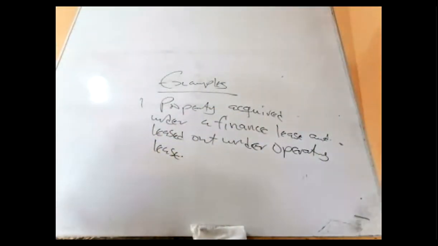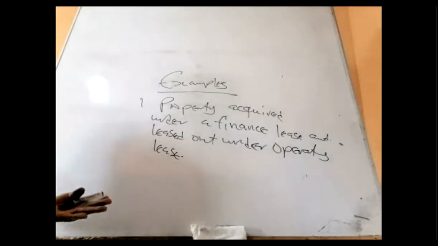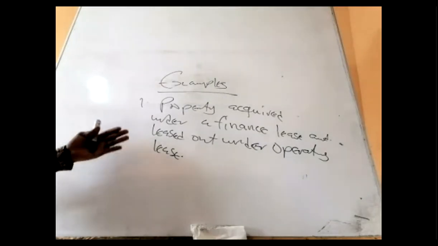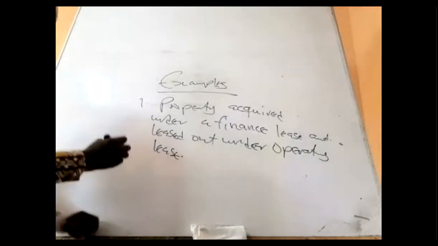Okay, so it means that you have acquired a building through a finance lease. Now, under a finance lease, the lessee becomes the accounting owner, just to reflect the substance of that transaction. And then you have also leased it out or rented it out to people. Good. So it qualifies to be an investment property.